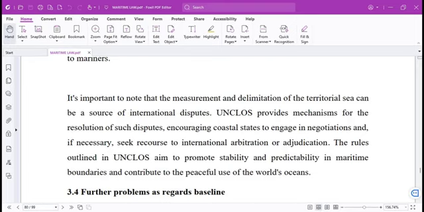The rules outlined in UNCLOS aim to promote stability and predictability in maritime boundaries and contribute to the peaceful use of the world's oceans.